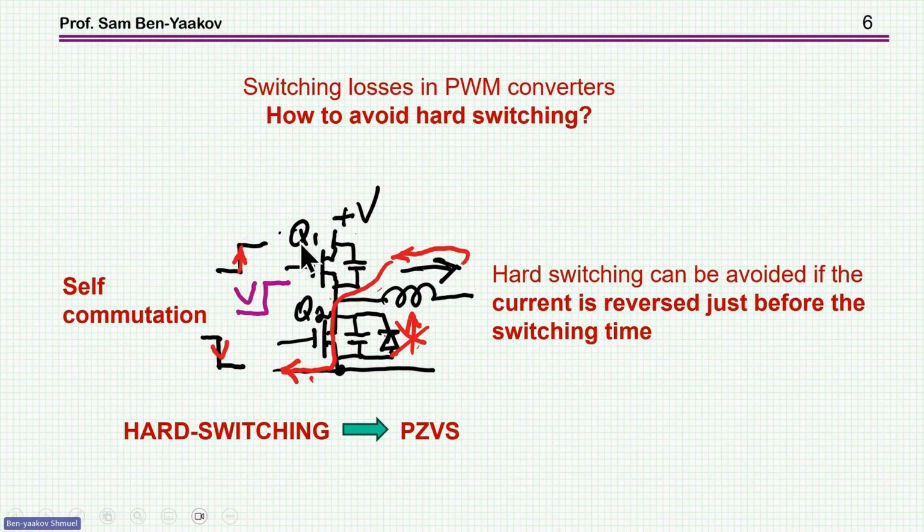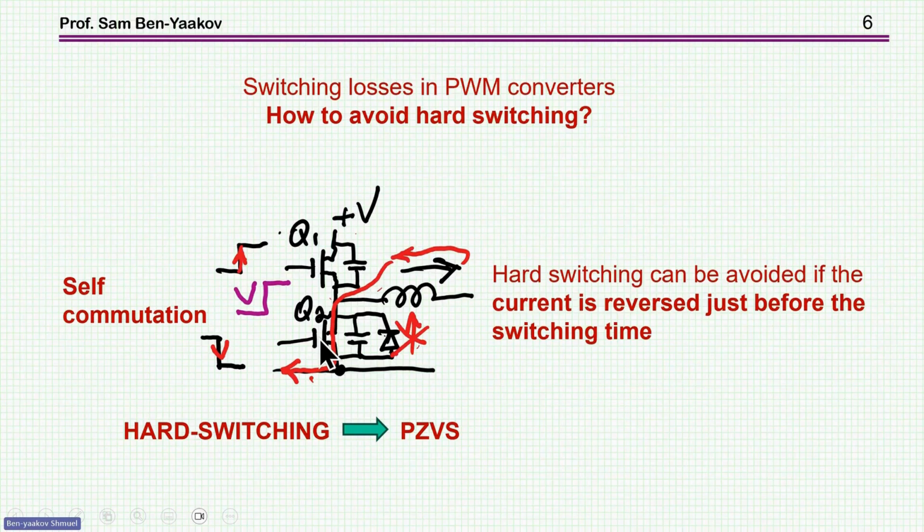That is, the current of the inductor is going this way, and if you manage just before you switch back, you manage to reverse the current. If you reverse the current, it's not going through the diode anymore because it's in the opposite direction.